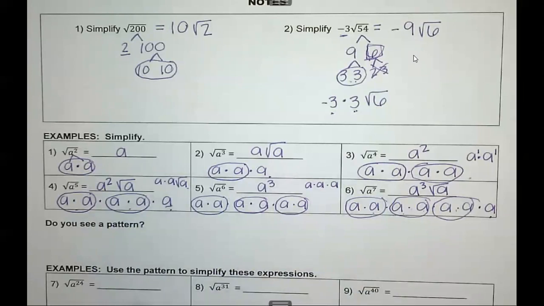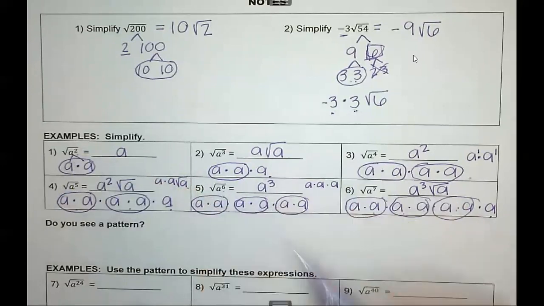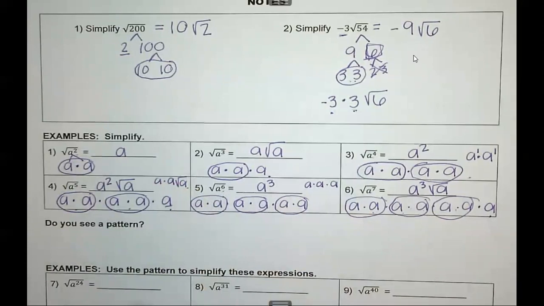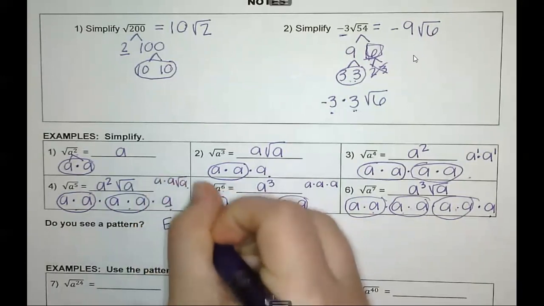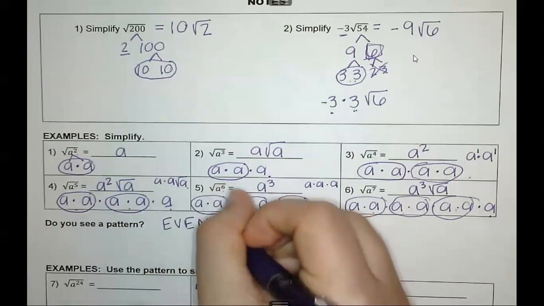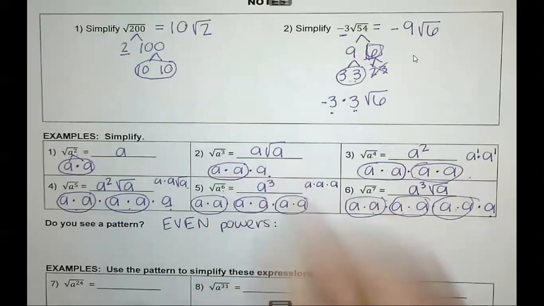So we notice that 1, 3, and 5 have something in common. If we look at those exponents, 2, 4, and 6, they are all even powers. So we're probably going to have something for the even powers and something for the odd.